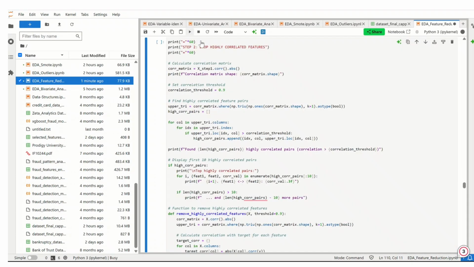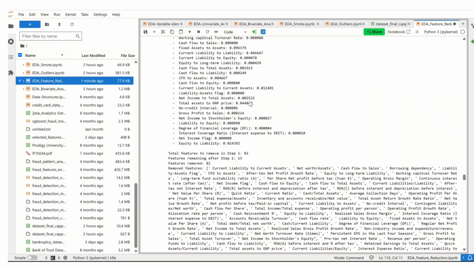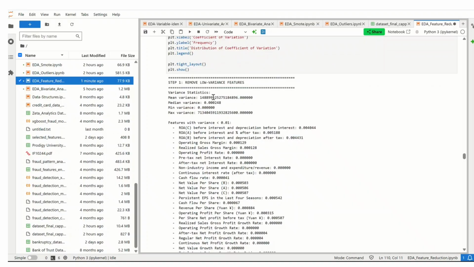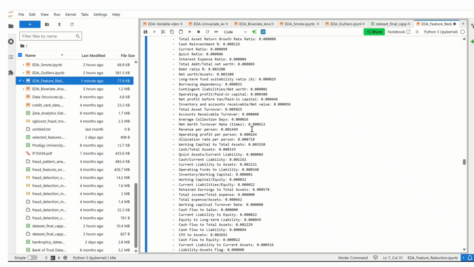So let's run this. Now you can see the mean variance, median, and max variance. Features less than 0.01 don't really contribute to the model to learn something. Such a low variance is there. So how many variables are there like that?